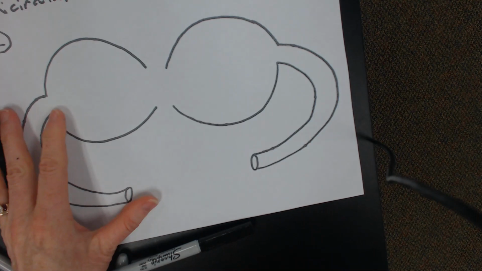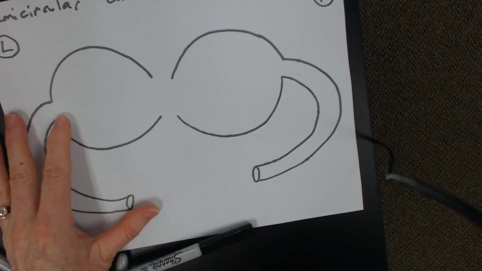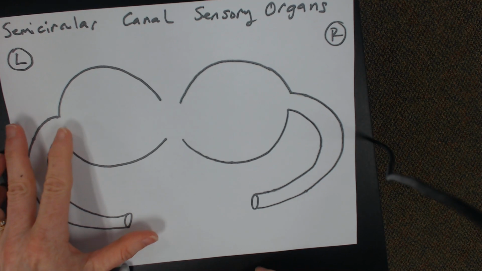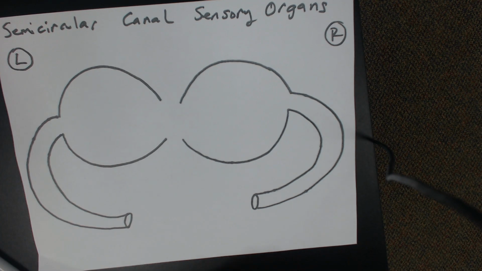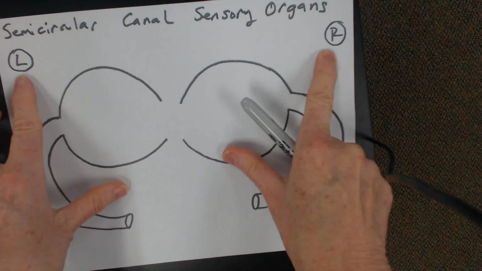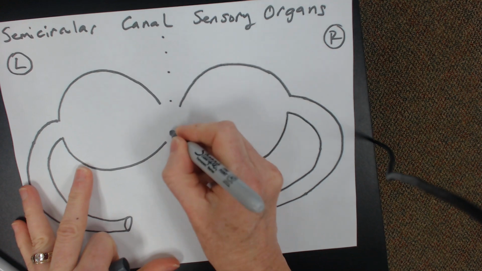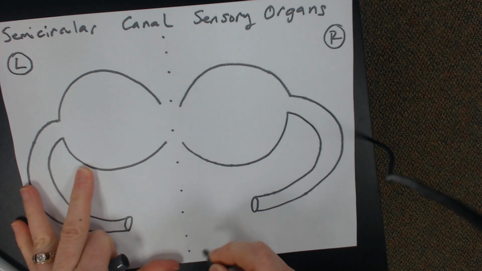So next, let's go ahead and go to the semicircular canal sensory organ. What I've done here is I've chosen to represent the horizontal canal. So this is the right horizontal canal, and here's the left horizontal canal. To make that easier to see, I'm just going to separate them by a dotted line.